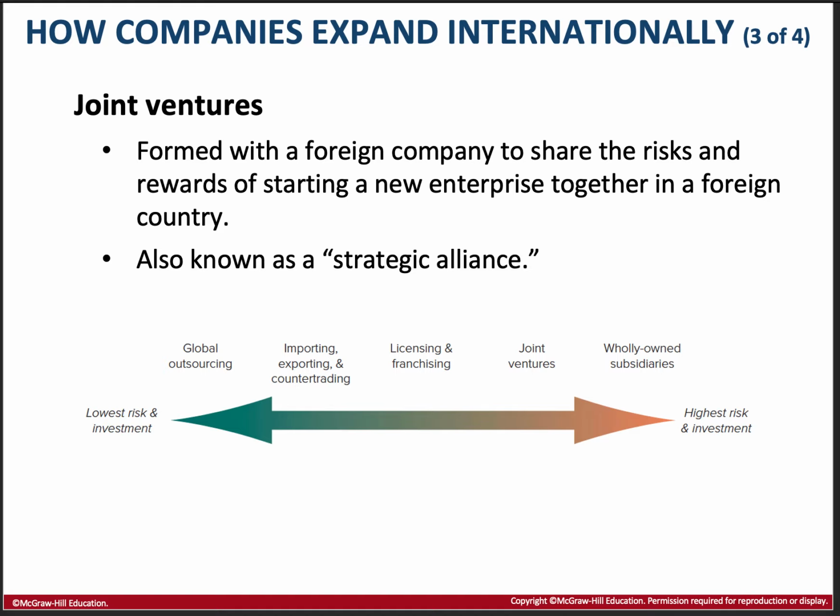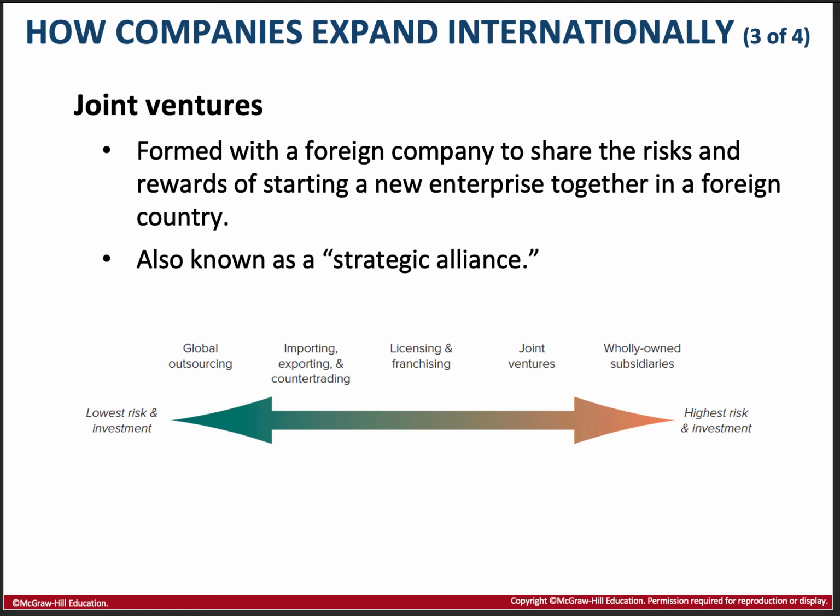Then we have JVs. Those are joint ventures, and that's formed with a foreign company to share the risk and rewards of starting a new enterprise together in a foreign country. Now, let me be very clear. These are the same types of entities that you have domestically. This is looking at how you take those same types of entities, the licensing, the franchising, the JVs, and expand them internationally.